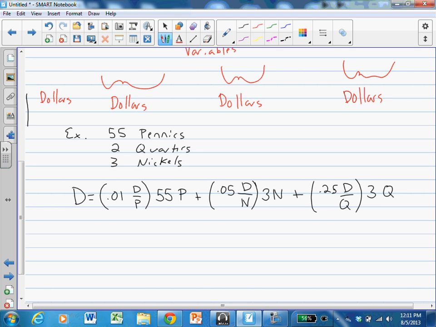And so you could see as you multiply this 0.01 times 55, the P's will cancel and you'll be left with dollars. So 0.01 times 55 is 0.55, but the P's cancel, D. And then we come to the next term. 0.05 times 3 is 0.15 D. And then the next term is 0.25 times 3, or 0.75.